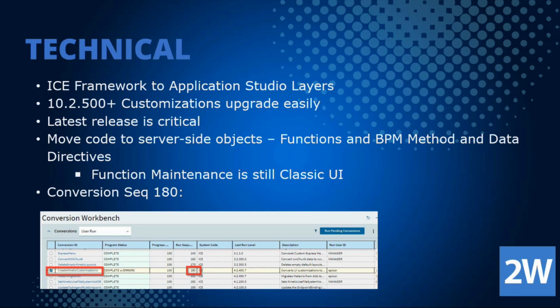And those early releases of Kinetic, specifically the tools in Application Studio and other upgrade tools, were just not where they are today on the current release. So staying on that current release and always having that current release and update level available and deployed is critical to success here.